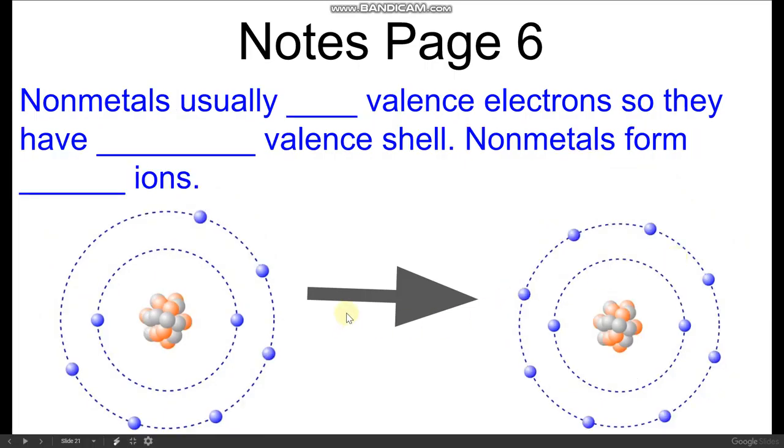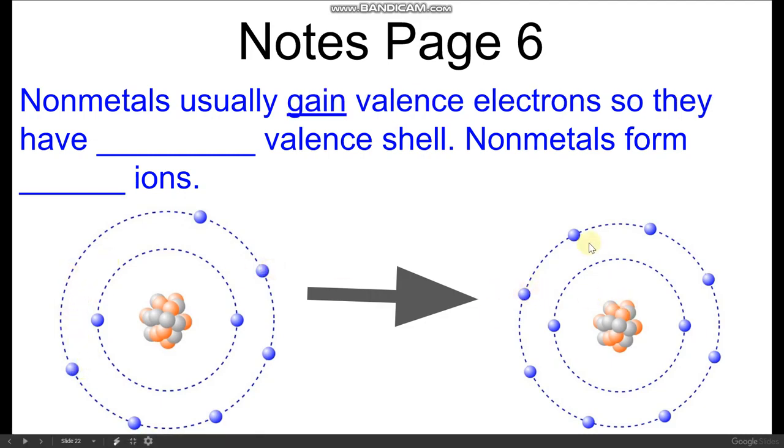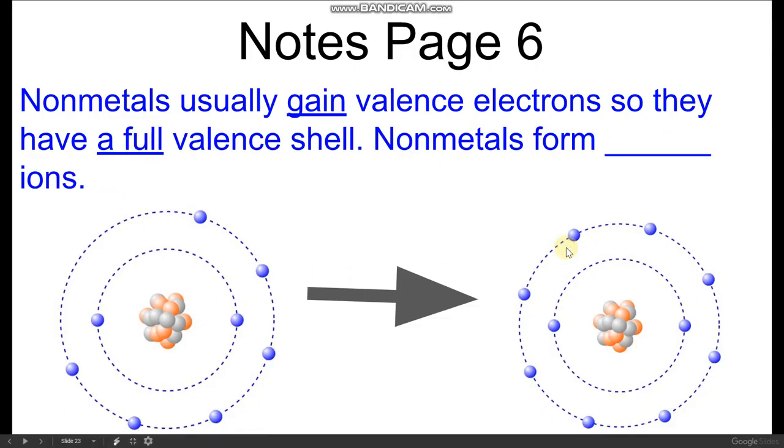Here we have an example of an oxygen atom. We can tell it's oxygen because there are 1, 2, 3, 4, 5, 6, 7, 8 protons, and oxygen is atomic number 8 on the periodic table. And so remember that nonmetals will usually gain, so here this oxygen gained 1, 2 valence electrons so that it can have a full valence shell, right?